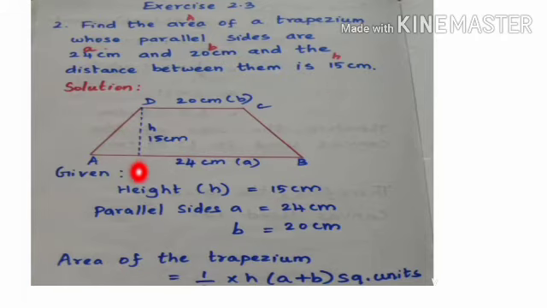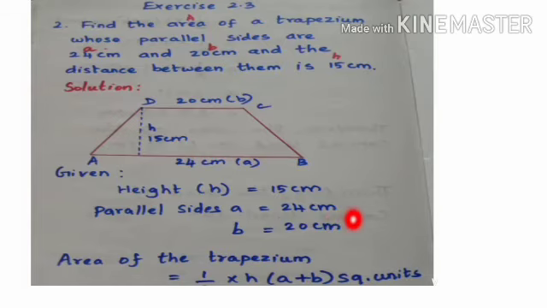So solution. We have to draw a trapezium ABCD and mark all the given values here. That is, the parallel sides values are 24 and 20 and the distance between the parallel sides is h, which is 15 centimeter. And then we have to write the given values.